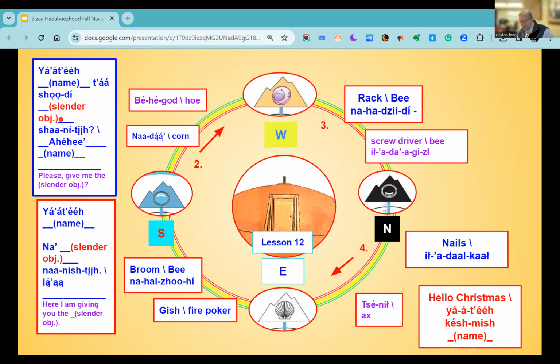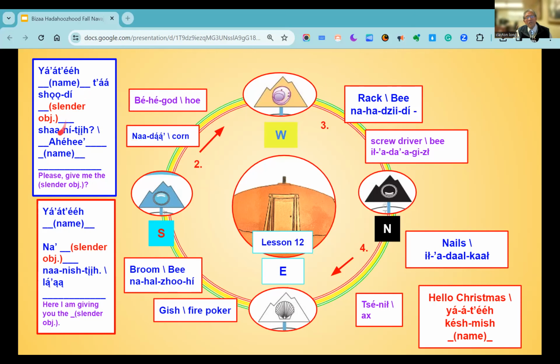Okay, here's a slender object. I don't know if you can see that, but that's a toothbrush. So any slender object would be T. Notice the word T is right here. Shaanítįįh. Please. And whatever it is, let's say gish.